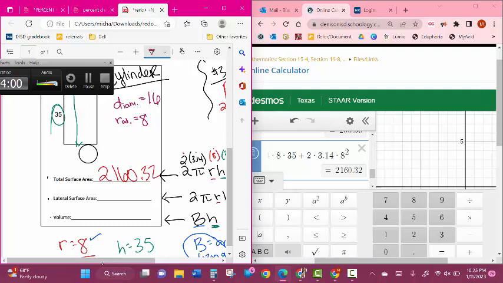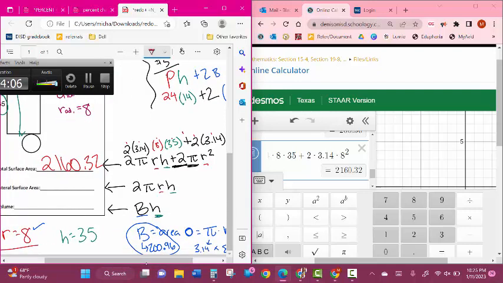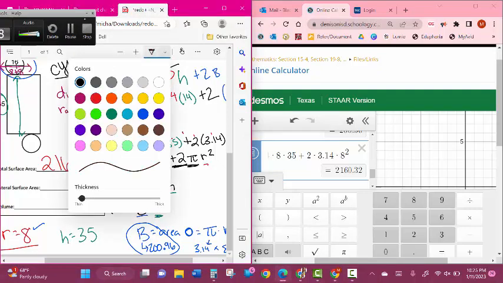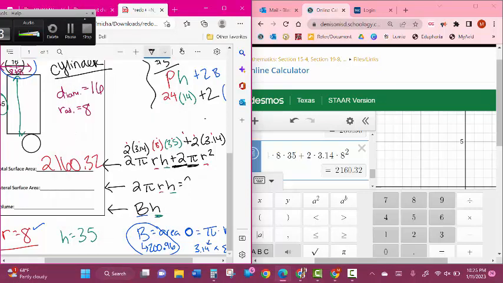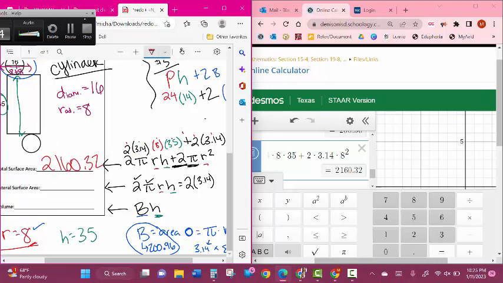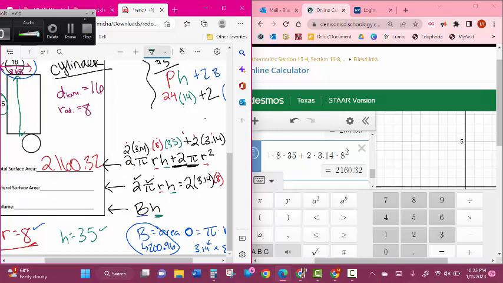Okay, now we're ready to do the lateral surface area. So again, we're just plugging in the values for what we know in the formula. So this is 2 times pi, 3.14, times r, the radius of this circle was 8, times h, the height of this cylinder was 35.